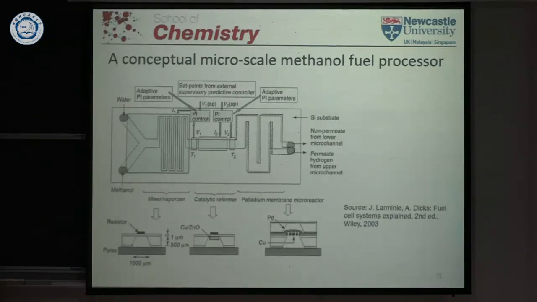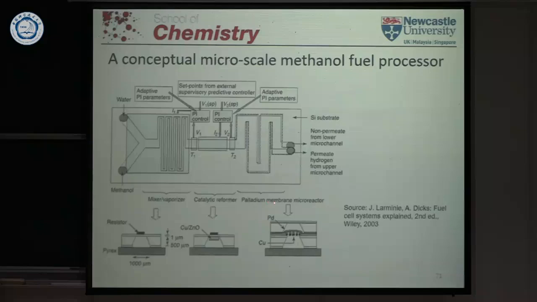Okay, this is some other concept for methanol reforming. You see that there are a number of components that are important. This is a so-called microscale methanol fuel cell processor that is based on really small structures. But you see here, the core part of that process is a copper catalyst based on zinc oxide. This is usually used for methanol reforming.